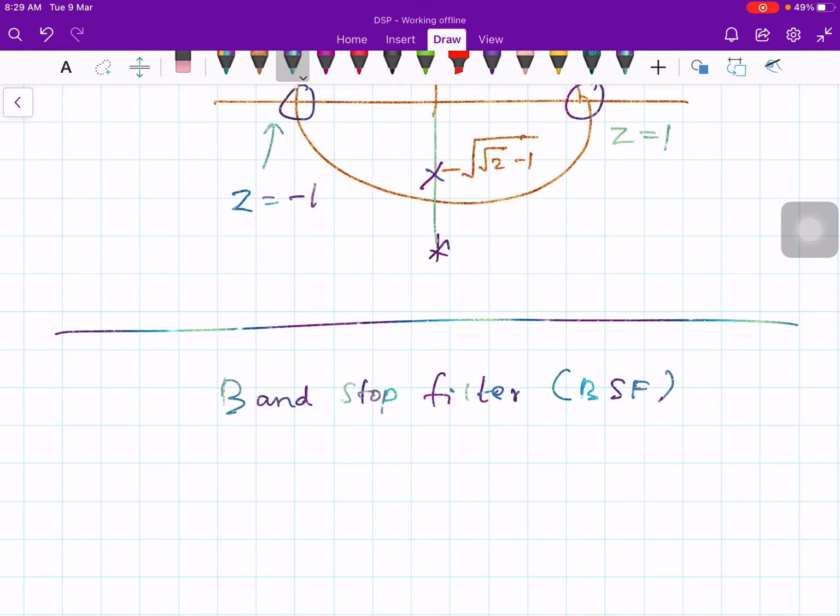The band pass filter and the band stop filter do not obey the correspondence that the low pass and the high pass obey. If you recall, a low pass filter to a high pass filter is obtained by simply replacing z by minus z, or vice versa. High pass to low pass you can obtain by simply replacing z by minus z.